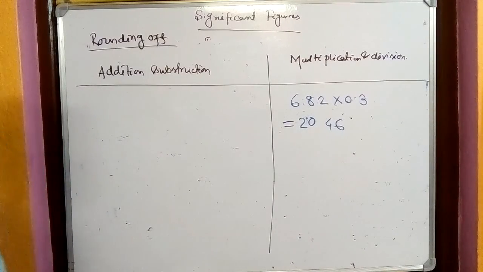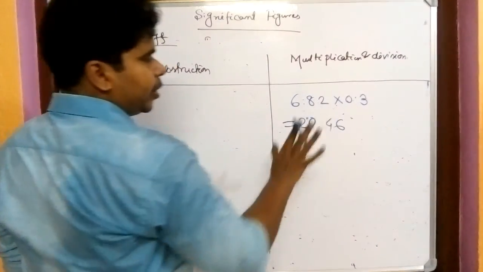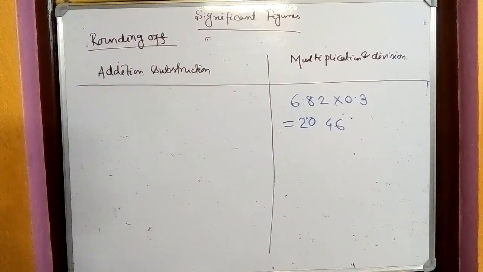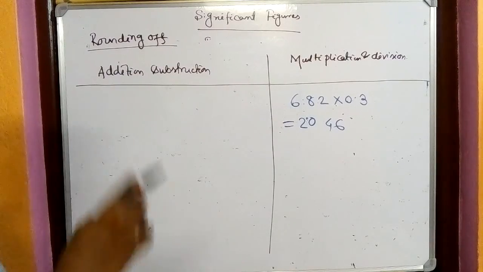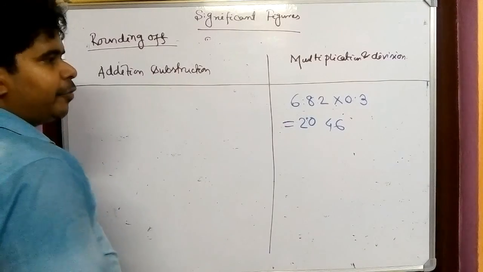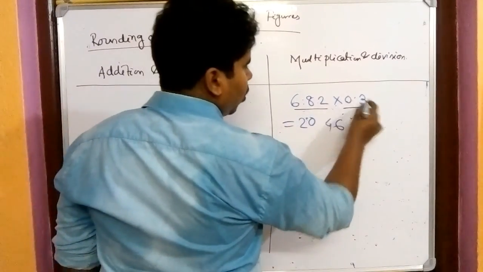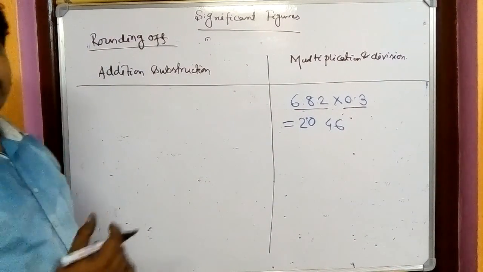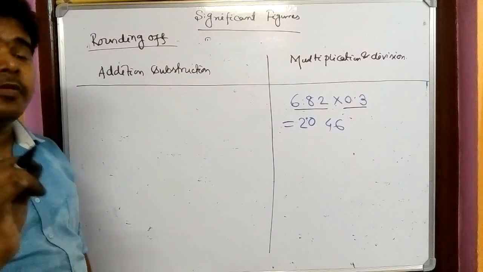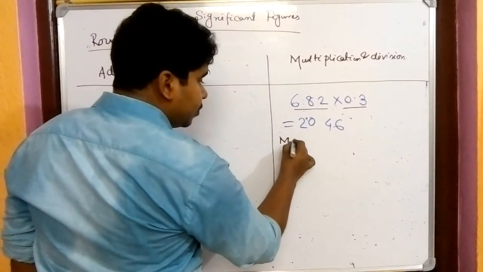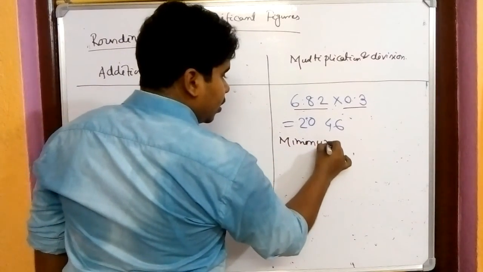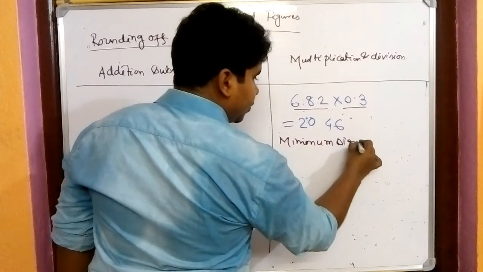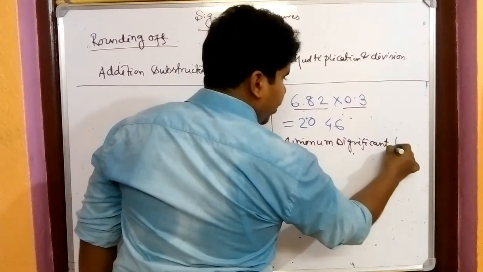No, this is not the answer. Here it is not rounding off. This is the value we get by multiplying. But how do we do rounding off here? The rule of rounding off for multiplication and division: we have to see the 2 numbers or 3 numbers or multiple numbers we have taken, and which number has the minimum significant figures.